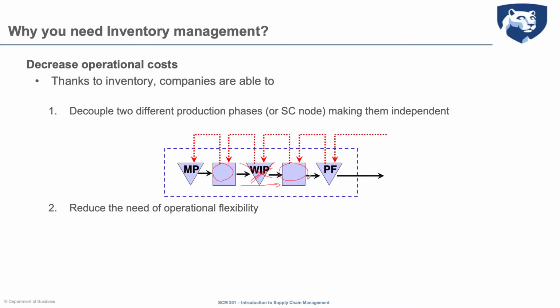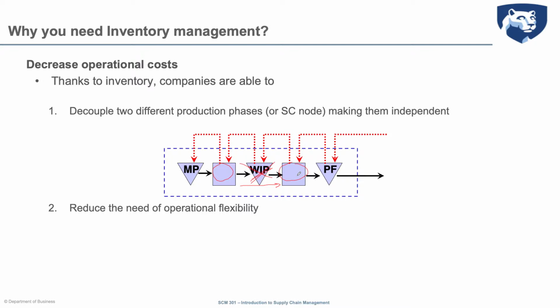It means that I can run my production only when suppliers are able to give me some materials, some components that I can use in my production process. But imagine if anything happened on the supplier side. So there is a strike or a plant disruption or whatever can stop production on the supplier side. As there is nothing here, I'm stuck and I'm stopped as well.